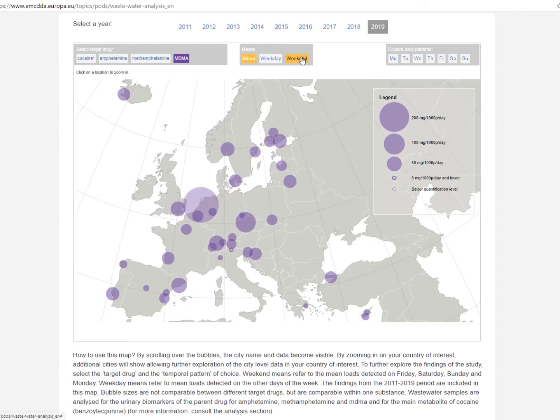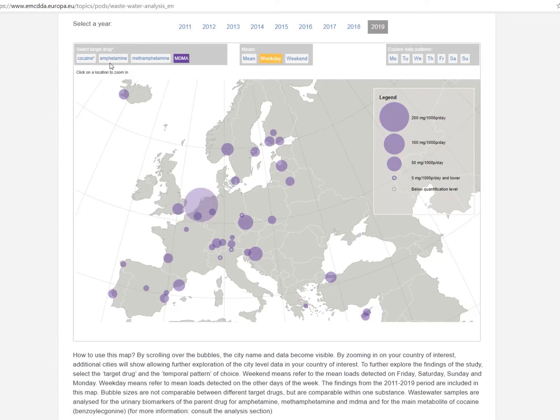You can also look at whether the consumption during the weekend or during the weekday is different. And you can see that for most cities, for example, the weekday consumption of ecstasy is much smaller, except for Amsterdam.